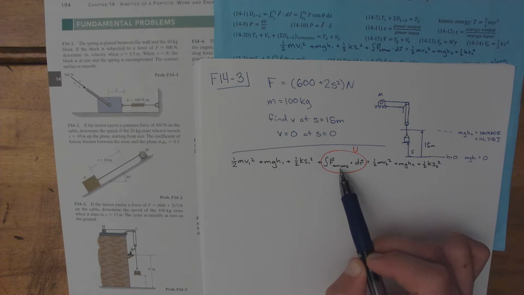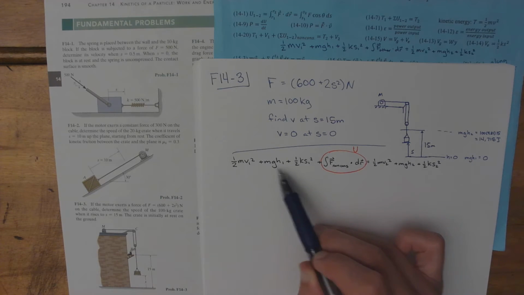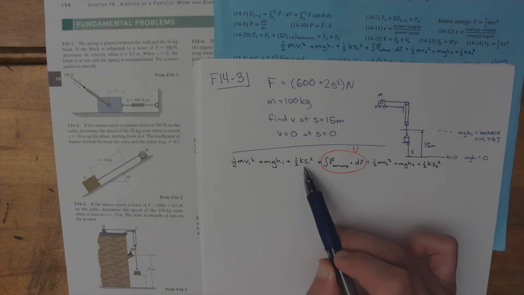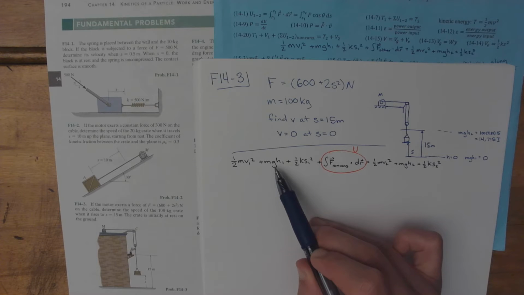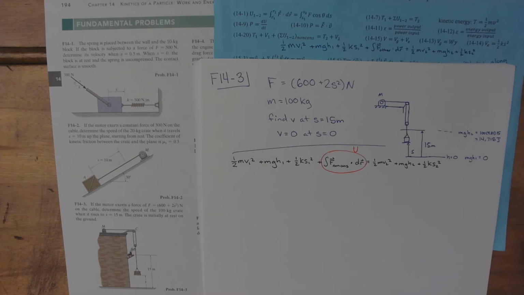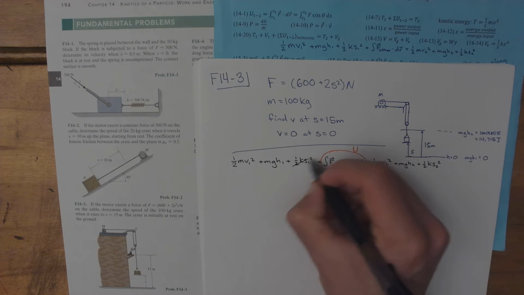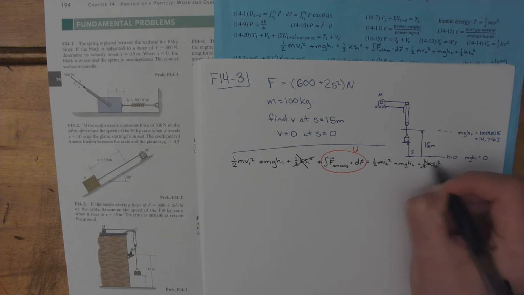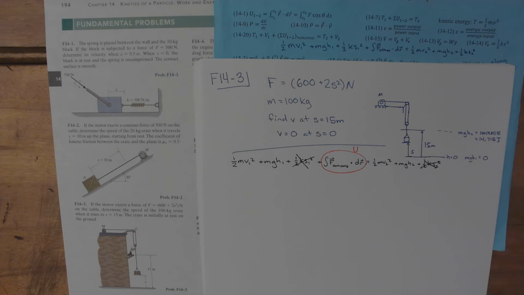And in this case, it's not the total work, it's the work done by non-conservative forces, or maybe we should say the forces other than the force of gravity and the spring force, because those are already being accounted for because we included the gravitational potential energy and the elastic potential energy. In this problem, however, we don't have any springs, so we don't have to worry about the elastic potential energy, so that simplifies the equation a little bit.